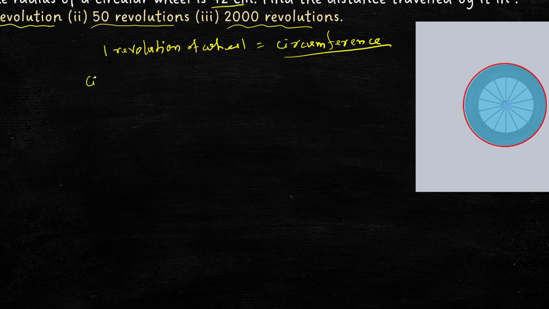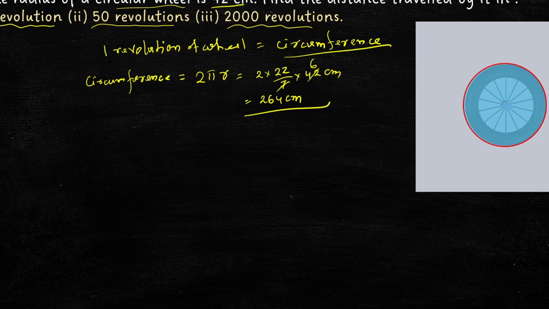Now what is circumference? Circumference is equal to twice pi r, and that is equal to 2 multiplied by 22 divided by 7 multiplied by radius of the circular wheel, that is equal to 42 centimeter. So 7 6s are 42, and this is equal to 264 centimeter.